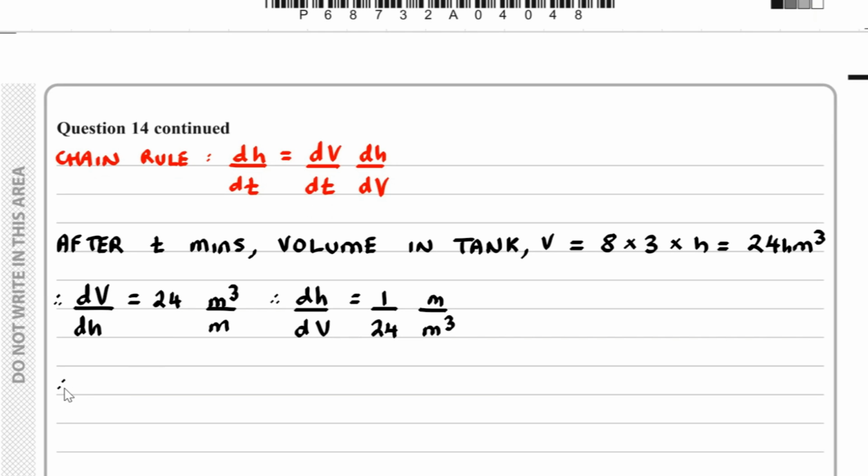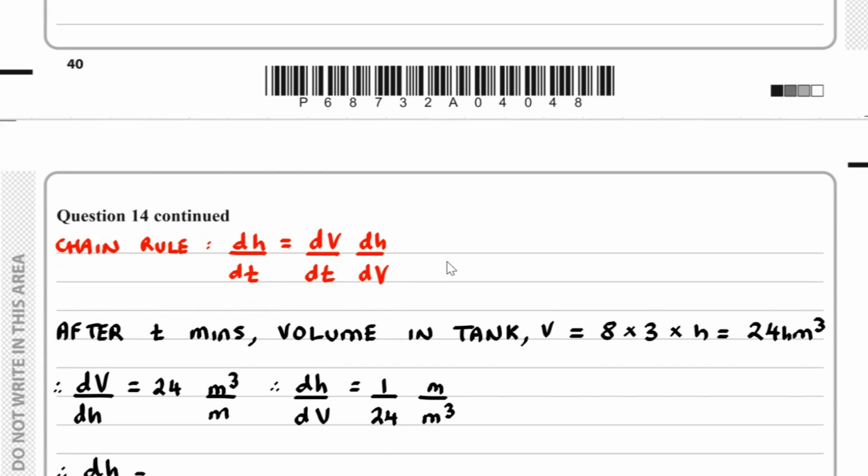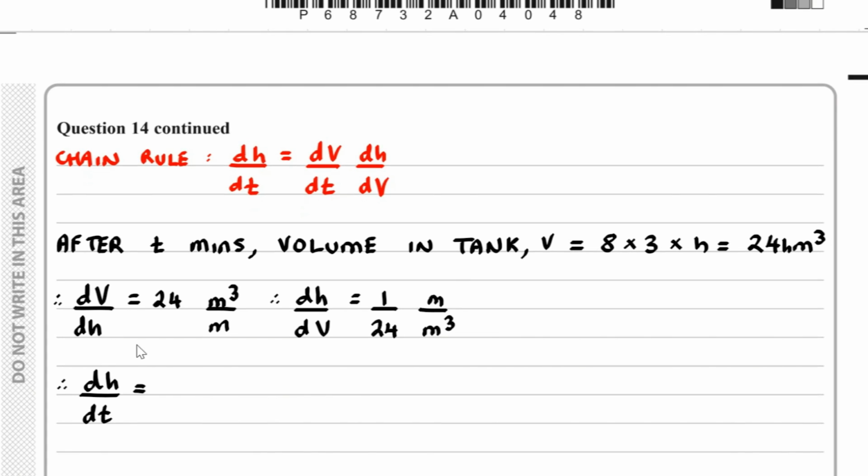So therefore, dh over dt, using the chain rule, we've got dV over dt, which is 0.48 minus 0.1h, in meters cubed per minute.